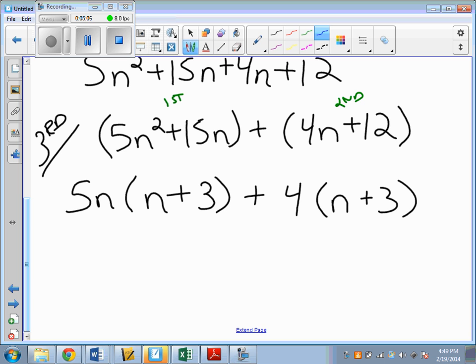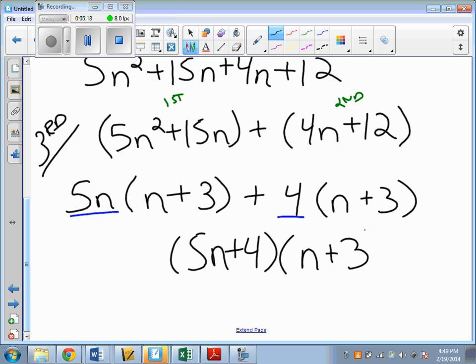So I can take 5n and 4 and rewrite this because of the distributive property. It tells me that I can combine those terms and then multiply them by n plus 3, since they're both being multiplied by n plus 3. So when I write it out like that, I have two binomials, and I have factored my trinomial into its two factors of 5n plus 4 and n plus 3.